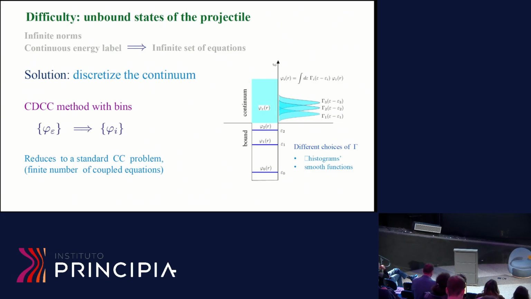In most codes, one uses a histogram, but there are other calculations that use continuous functions. Well, if one discretizes the continuum, then the channel expansion has a finite number of states, and the problem is reduced to a typical problem of coupled channel equations.